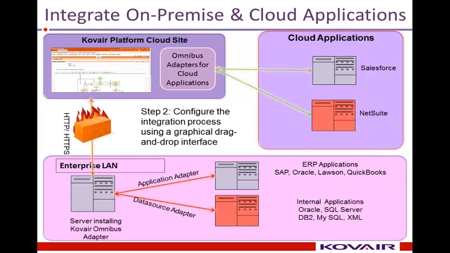Those will be created in Kovair also, right? So you can configure each of these adapters for each of these different applications. That is true for both cloud applications as well as your legacy applications. All right, so step 2 is configuration. By the way, this configuration is completely codeless, drag and drop, just using the browser, you can do it.